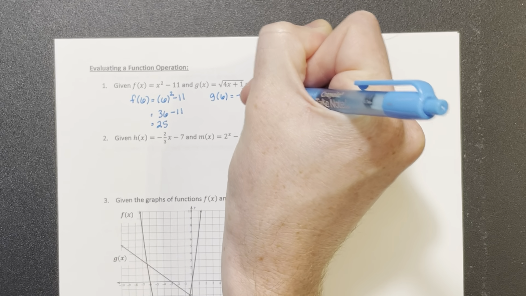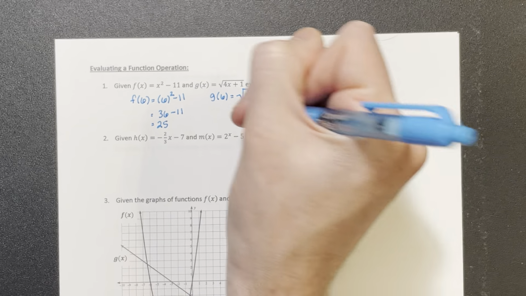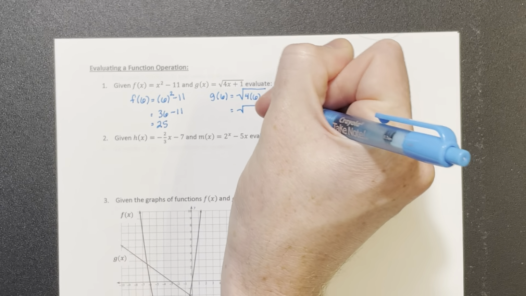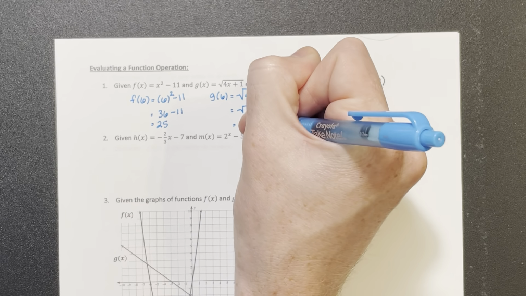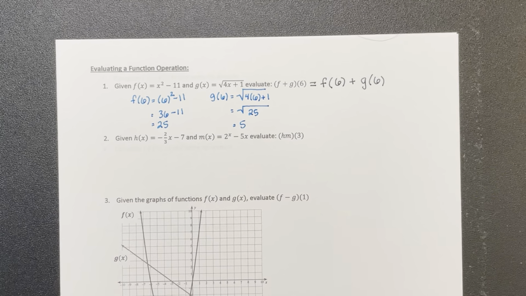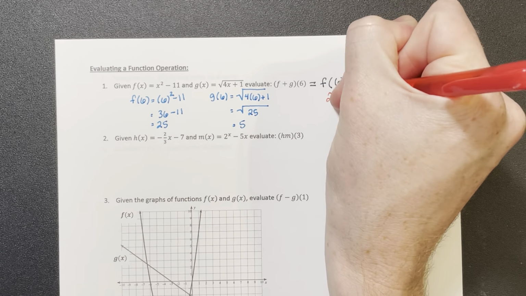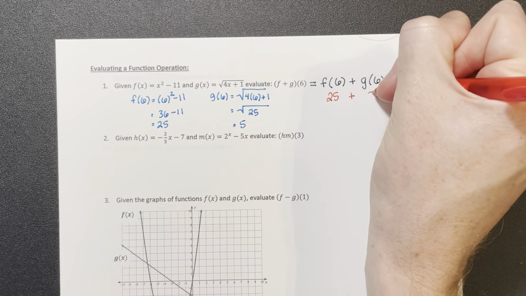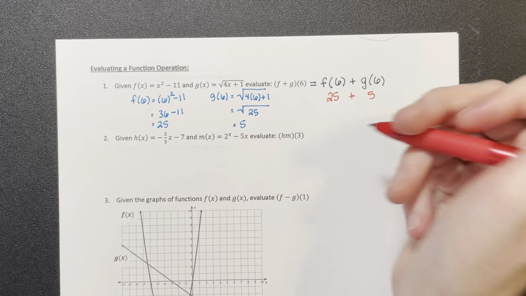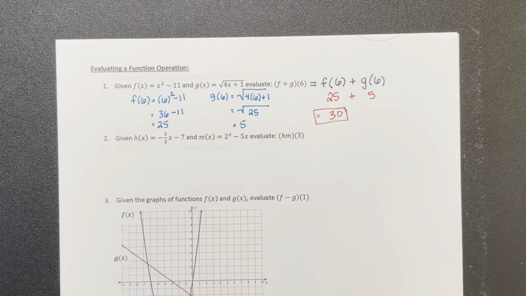So square root of 4 times 6 plus 1 is the square root of 24 plus 1 is 25. And the square root of 25 is 5. So when we combine, f of 6 was 25 plus g of 6 was 5. So when I get that, I end up with 30 as my answer.